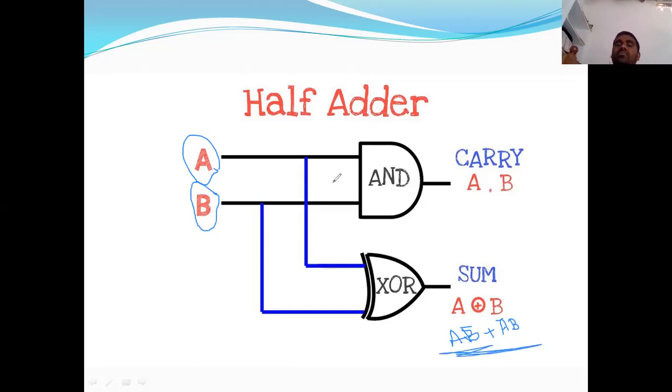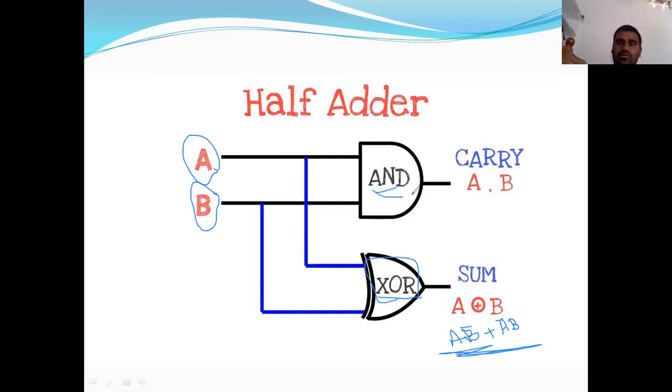To form a logic circuit of half adder, we require two gates. Those gates are the AND gate and XOR gate. One is AND gate and another one is XOR gate.